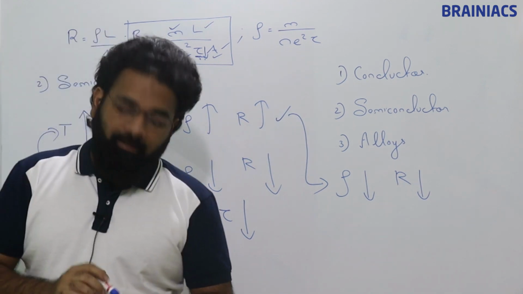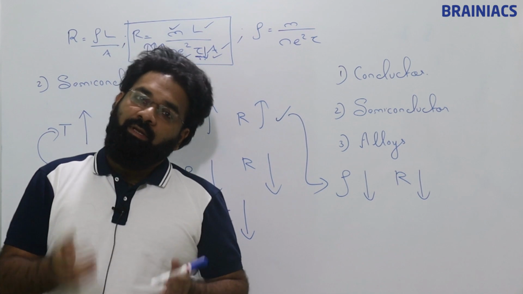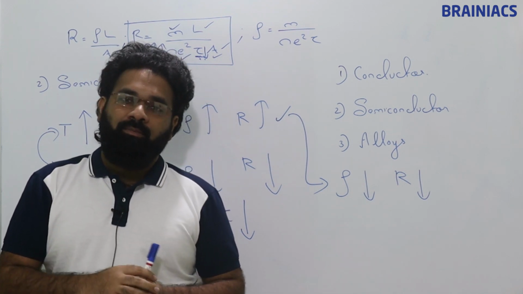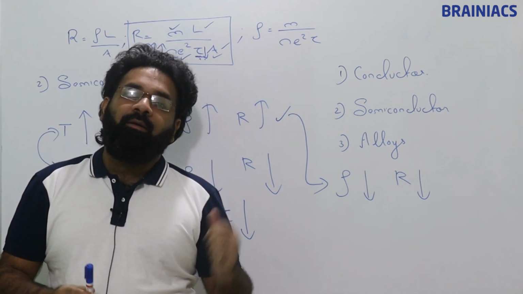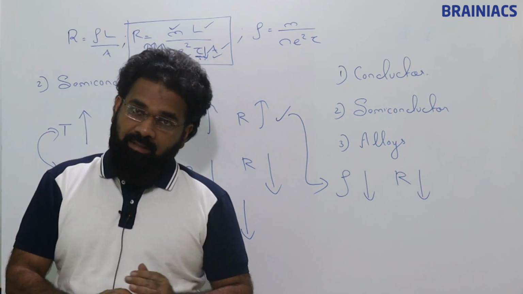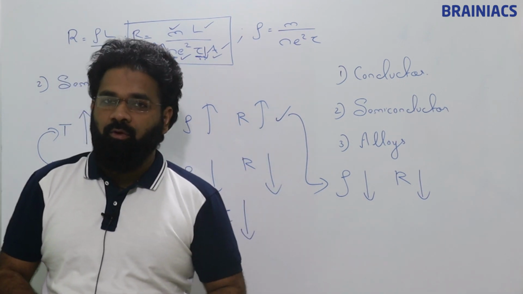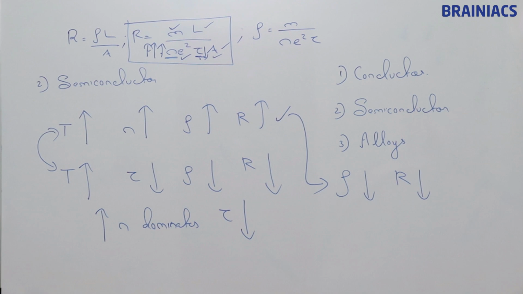So in conductor, when we increase the temperature, resistivity increases, resistance increases. But in semiconductor, as we increase the temperature, resistivity decreases and resistance decreases. The reason we already discussed. Okay, note it down.